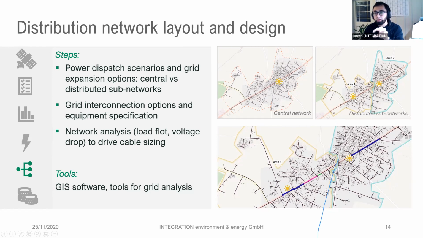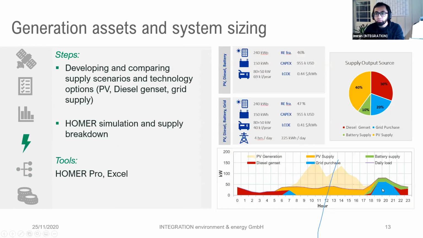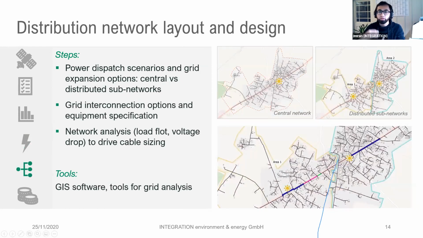A key important parameter is to prepare these interconnected mini grids in a way that they are compatible with grid supply as well. Just like I showed before, grid supply is a key component of an interconnected mini grid system. Therefore, the distribution network that we design needs to be compatible with the existing grid and be able to absorb power from it whenever it is available, and eventually also be able to provide to it.